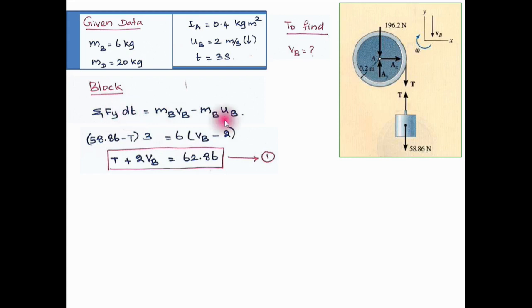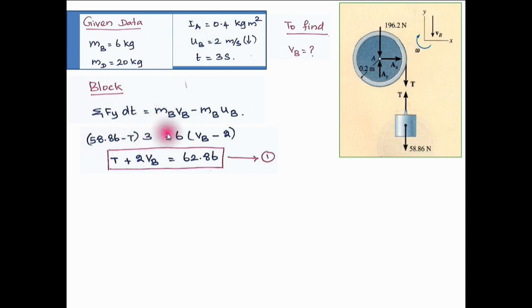Summation Fy, that means net force along the y direction, that is 58.86 minus T, because the block is moving downward, hence this force is maximum. So maximum minus minimum force, 58.86 minus T, and time is given 3 seconds.